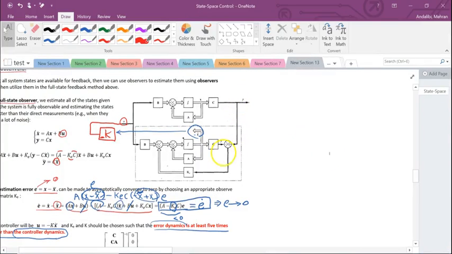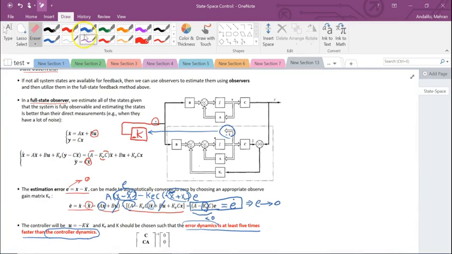And so, what is our observer? You see the observer takes Y, subtracts Y tilde, which is C x hat, and takes that error term. The error in the output, not the error in the state, is multiplied by Ke. So basically, it will form this term for you.